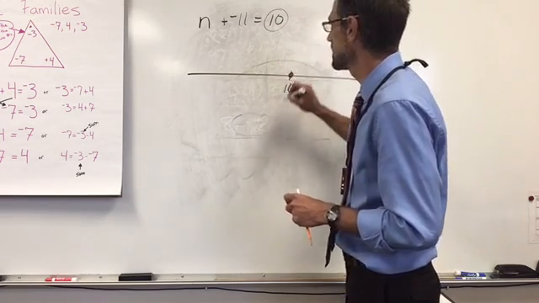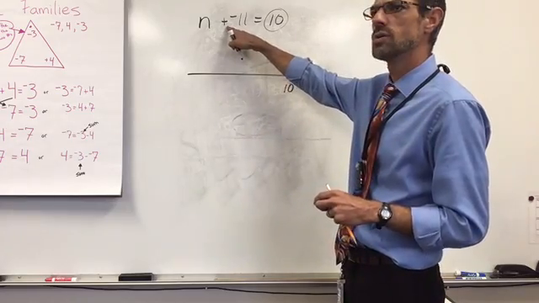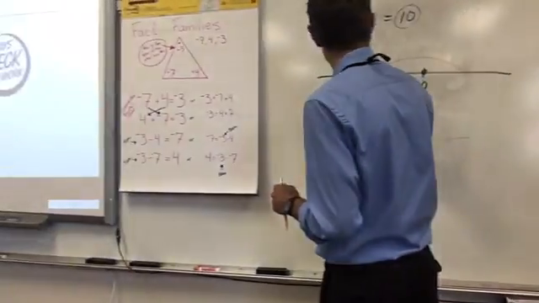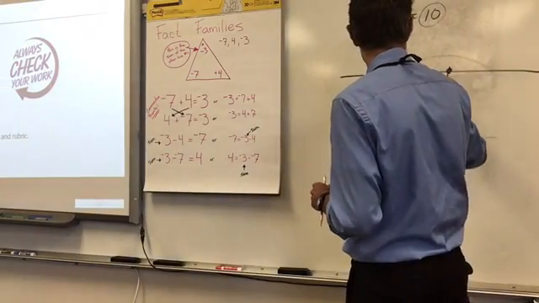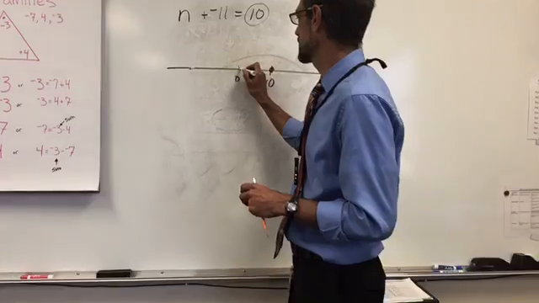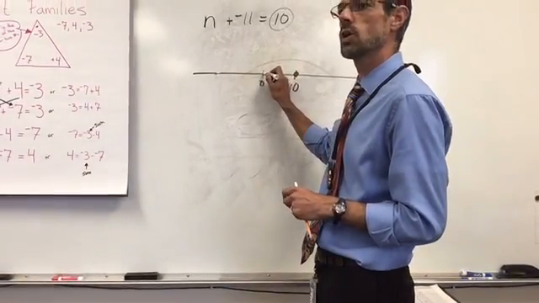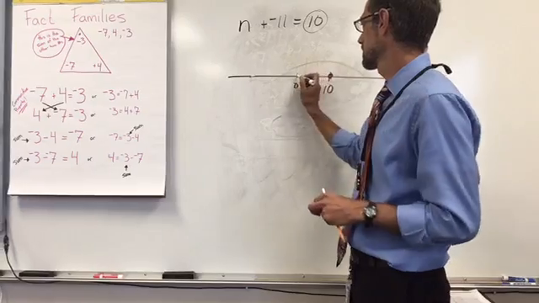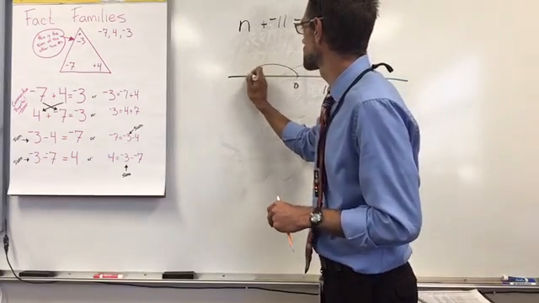I end here. And then I know that I'm adding a negative 11. Now, if I was at 0, let's say 0 is right here, if I add negative 11, which way do I go, Orlando? Do I go left or do I go right? Adding a negative, I go left.